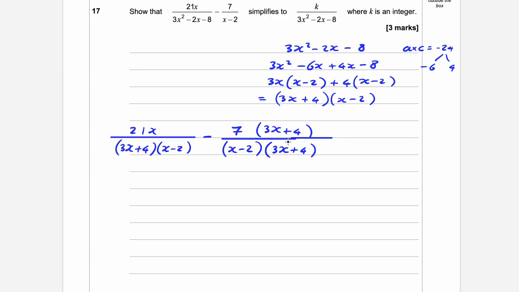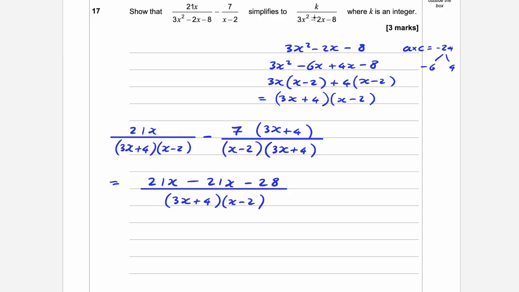Okay, now I can combine these. I can say this is equal to 21x minus 7 times 3 is minus 21x, and then minus 7 times 4 is minus 28, all over 3x plus 4 times x minus 2.